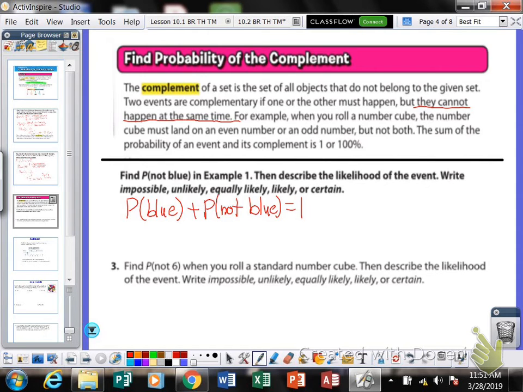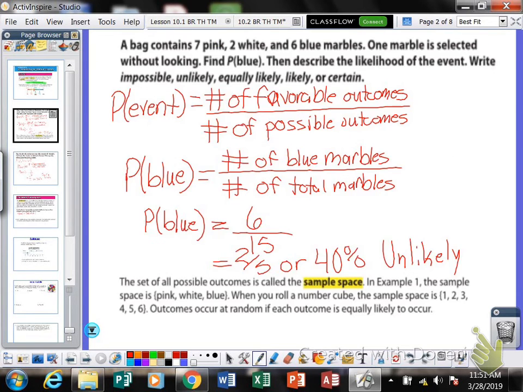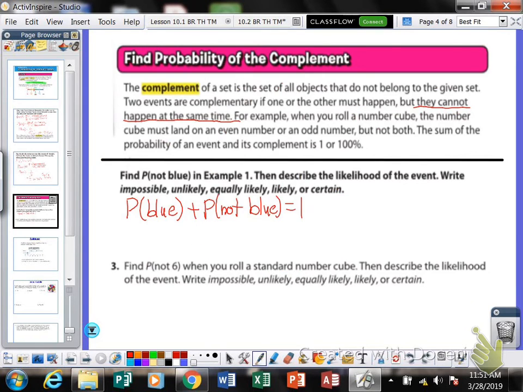Okay, we know from this example that the probability of pulling a blue marble out of the bag is 2/5. So I can substitute that in. 2/5 plus probability of not pulling the blue marble out equals 1.